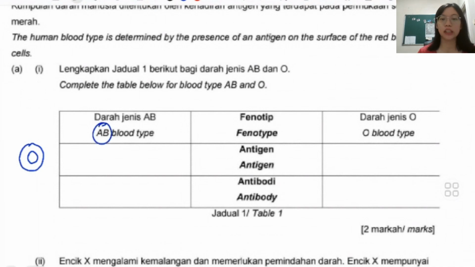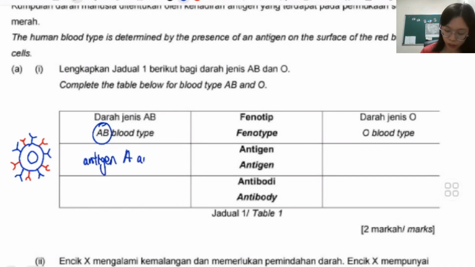It's very obvious. It has antigen A, and other than antigen A, it also has antigen B present on the surface of the red blood cell. So it has antigen A and B. What about blood group O? It doesn't have anything, so none.